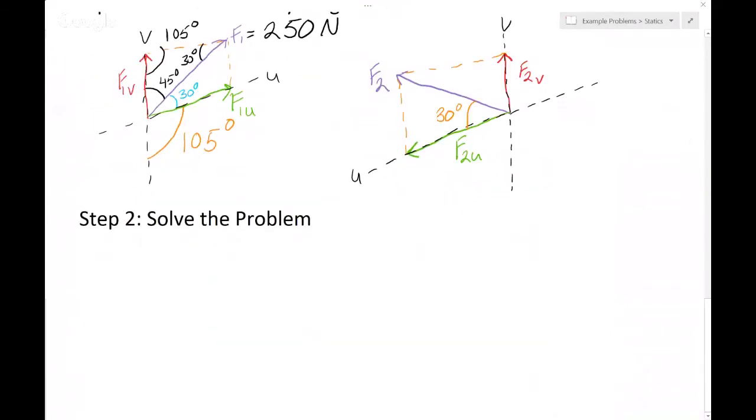So then, with this information, we can determine that our force 1 in the V direction divided by sine of 30 will be equal to our force 1 total divided by sine of 105.